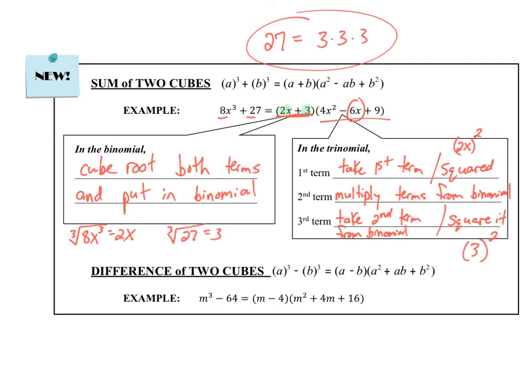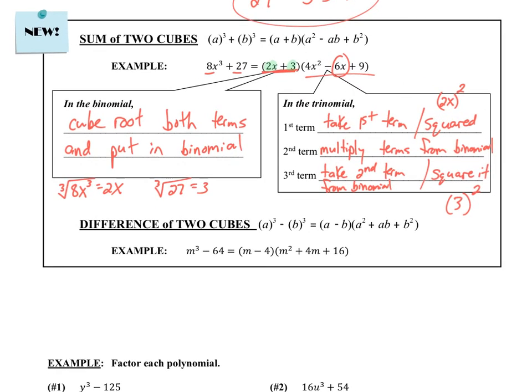And how the symbols work is: same, opposite, plus. So what I mean by that is if you look, in this problem, it's a minus sign, and they're both perfect cubes.